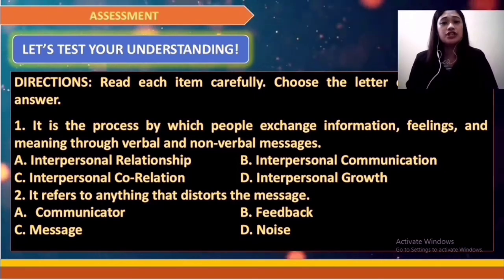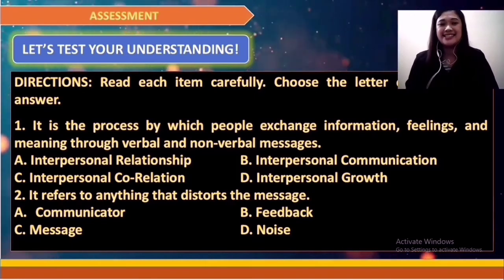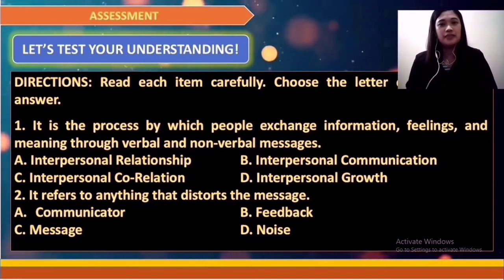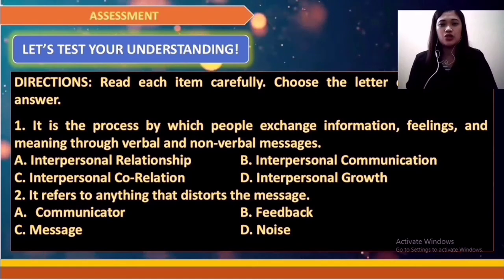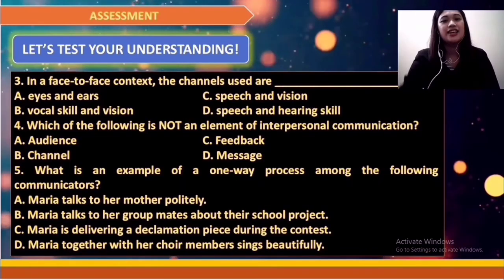2. It refers to anything that distorts the message. What element is this? A, communicator, B, feedback, C, message, or D, noise. Number 3.